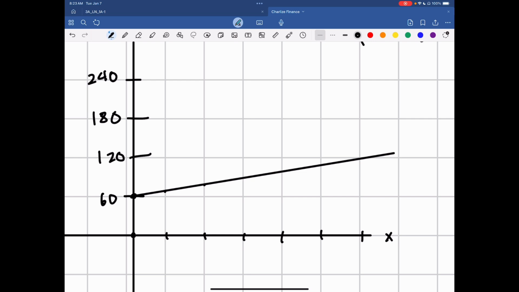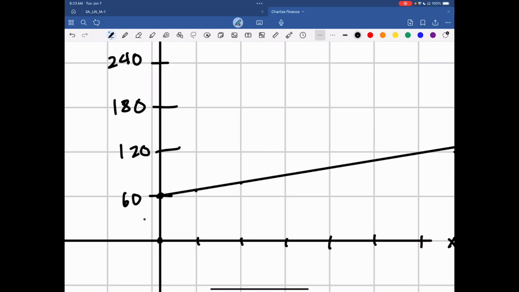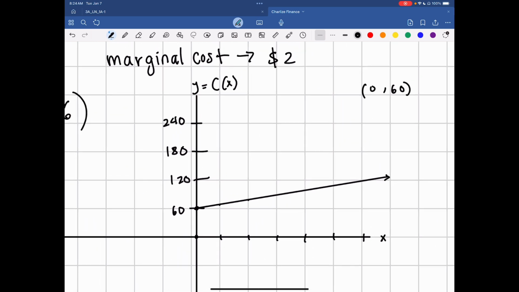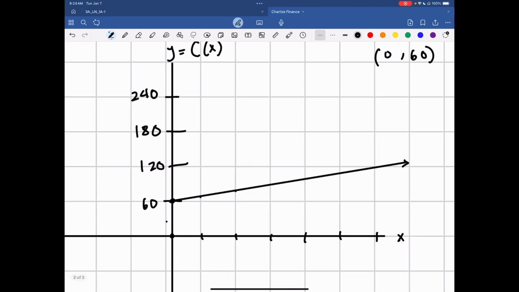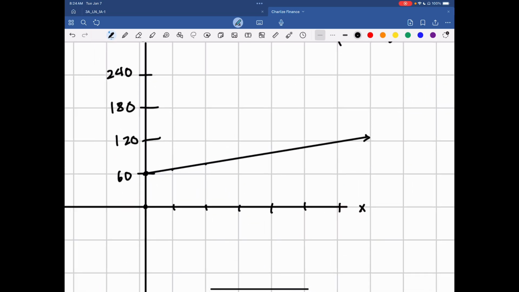Maybe I should have done a different scale, but I didn't really want to make it really big. If I were to do it again, maybe I would do 10, 20, 30, but then I would start graphing up here. But this also works. This is totally fine.